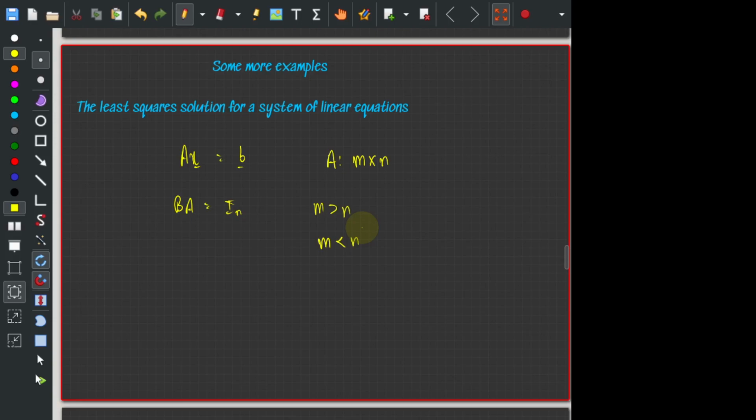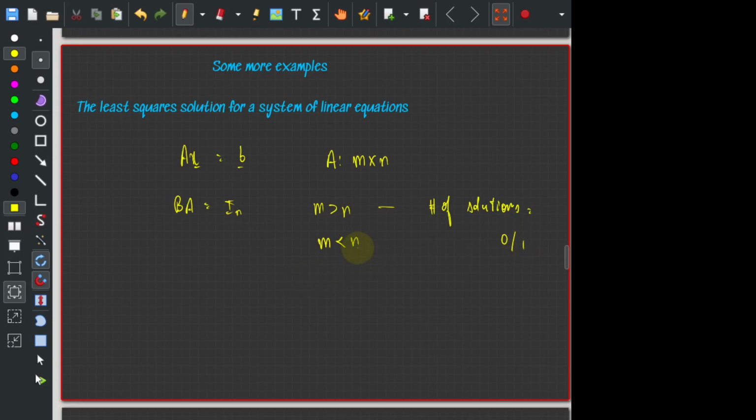If m is greater than n, what does the solution space look like? How many solutions can there exist? One or zero. So at most one solution: the number of solutions is either 0 or 1.